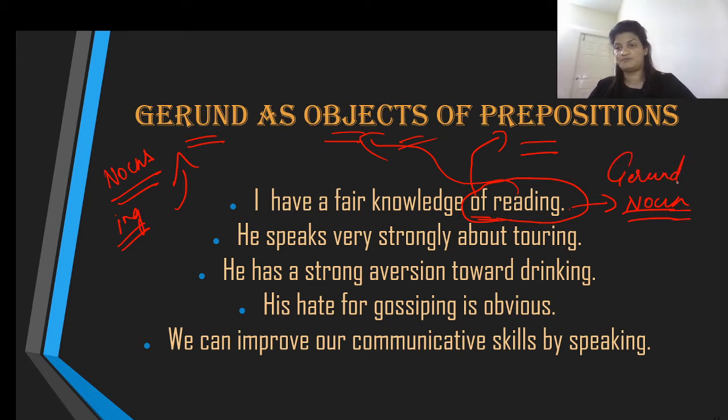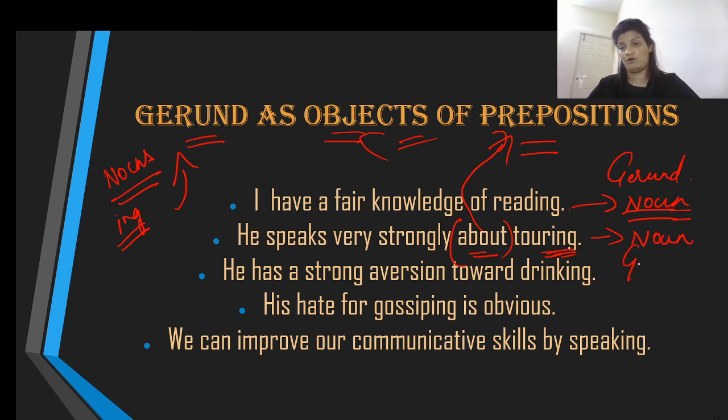All right? The next is, he speaks very strongly about touring. Now here, about is your preposition and there is an ing verb, functioning like a noun. Therefore, we call it a gerund.